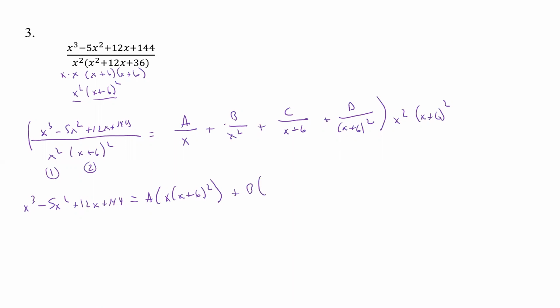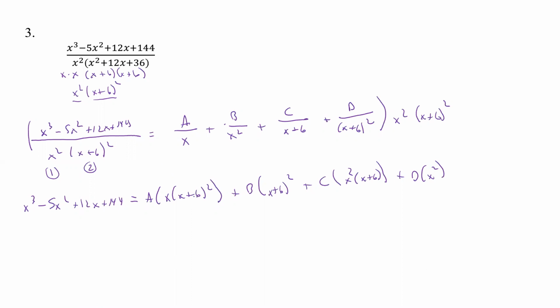Well, now the x squareds cancel, and so I have times x plus 6 squared. And then I have plus c times what? Well, now one of the x plus 6 is gone, so x squared times x plus 6, and no squared, just x plus 6. And then plus d times, and the x plus 6 squared is gone, so that's just going to be times x squared.